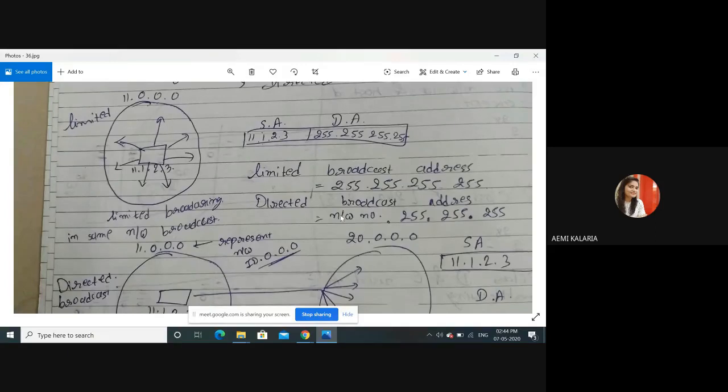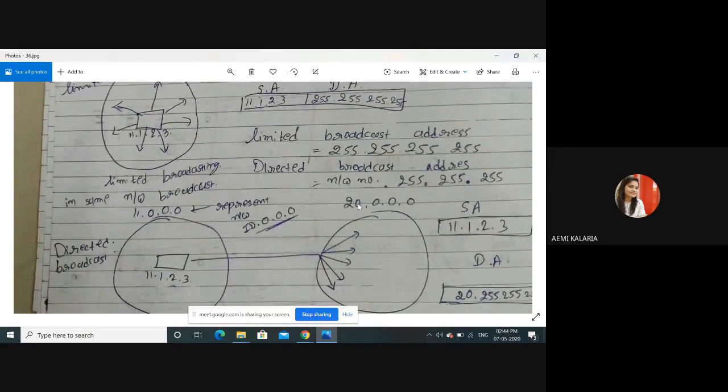I'll discuss. Wait. In directed broadcast, what we are doing: this 11.1.2.3, right? This one particular network wants to transmit something in another network, same broadcasting process but not in their own network. In the other network, if they want to broadcast something, then we can call it directed broadcast.